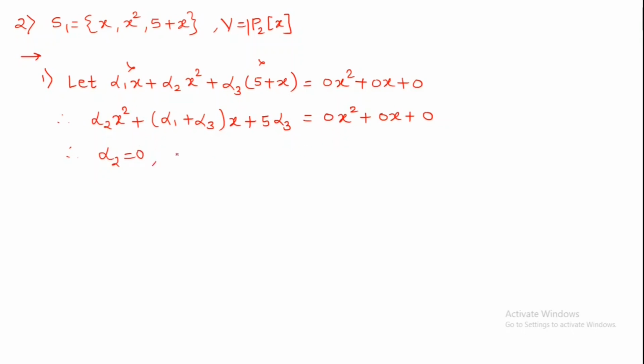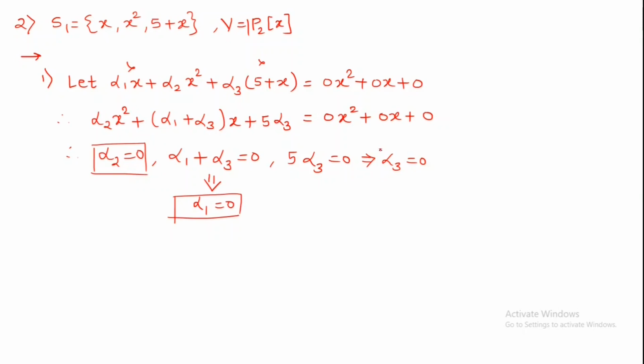The next equation is alpha 1 plus alpha 3 is 0 and the last one is 5 alpha 3 equals 0. This implies alpha 3 is 0, and since alpha 3 is 0, alpha 1 is 0. So alpha 1, alpha 2 and alpha 3 are all 0. Therefore S1 is linearly independent. I will call it sum 1.